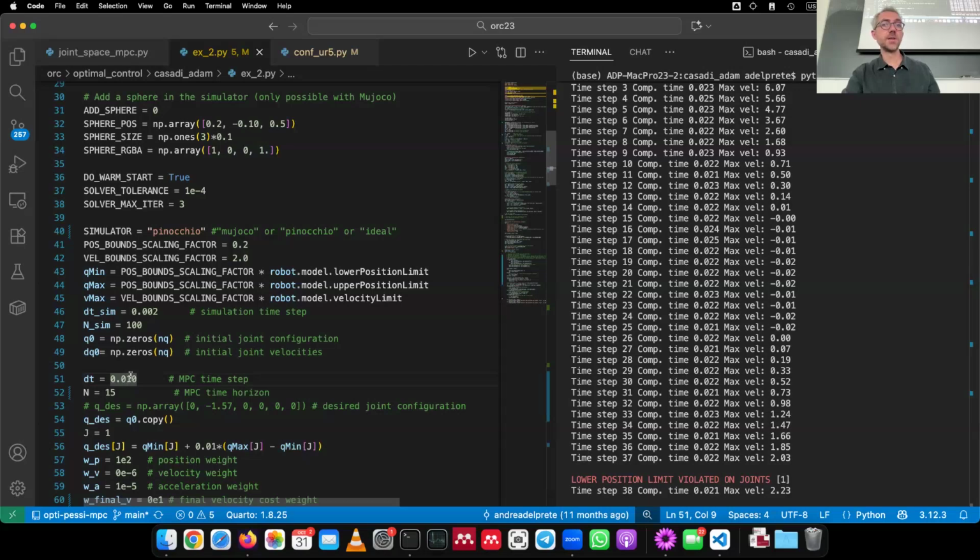And that's for manipulators. For other kinds of systems, MPC has been run even faster. It all depends on the system you're working with. Here, since it's non-linear and it has a 12-dimensional state space, it's hard, I think, to go faster than that. But if you have a linear system, you can go faster.